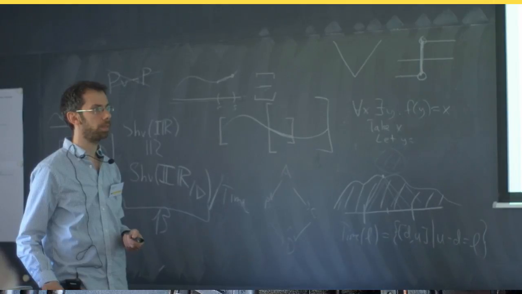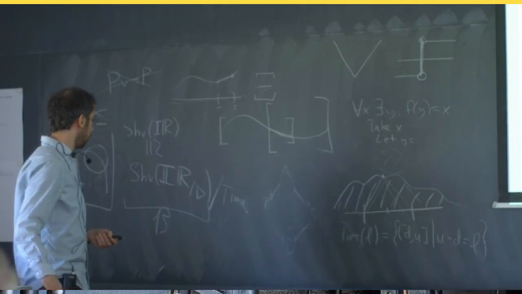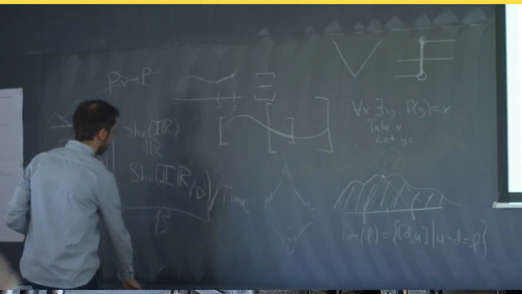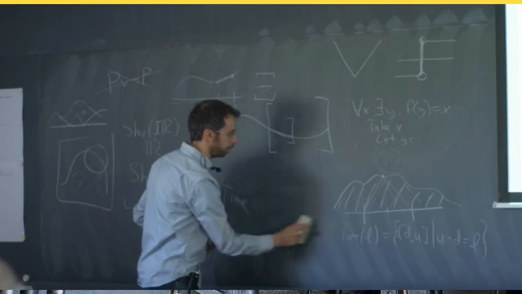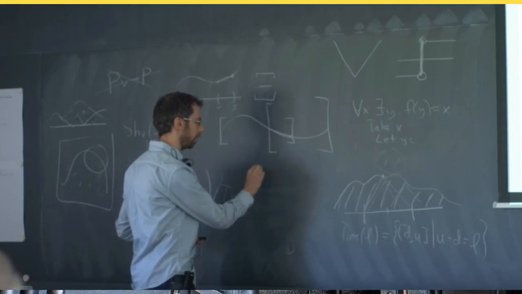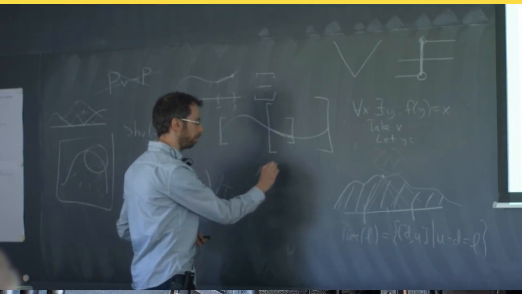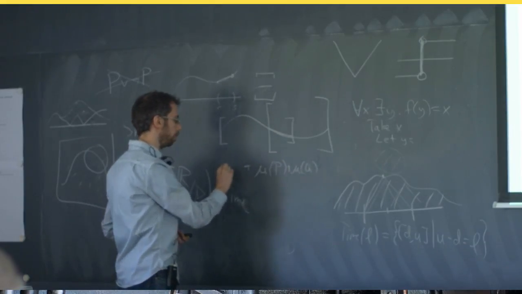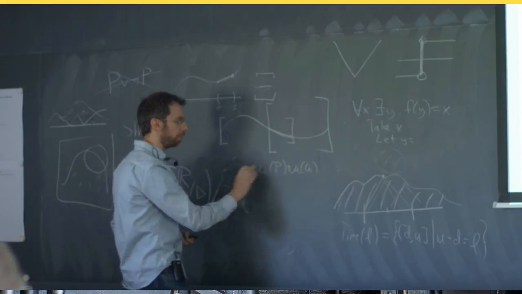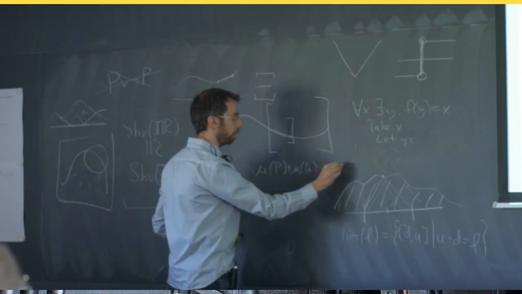Not in terms of abstract algebra, but you have some kind of measure mu satisfying some properties like mu of p plus mu of q minus mu of p and q equals mu of p or q.